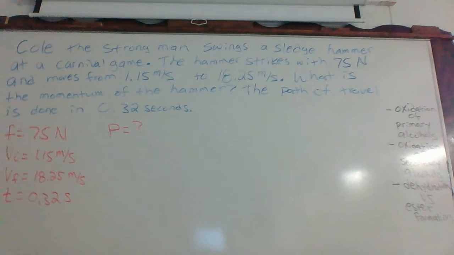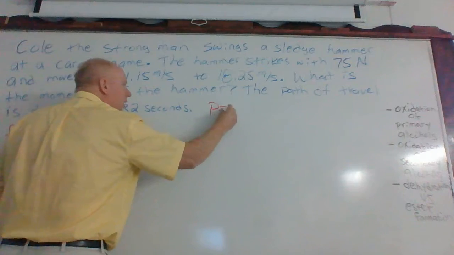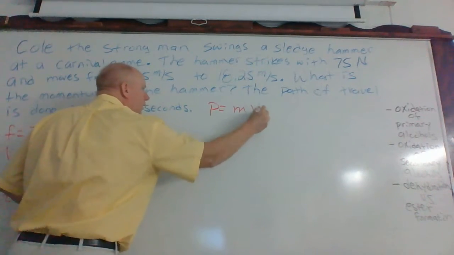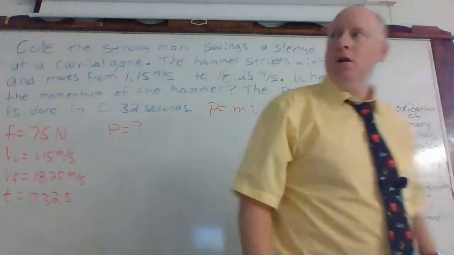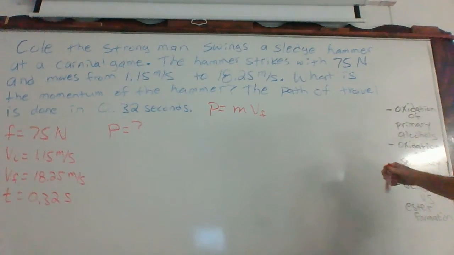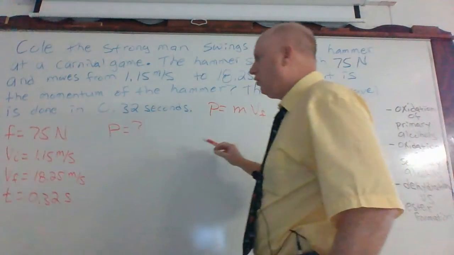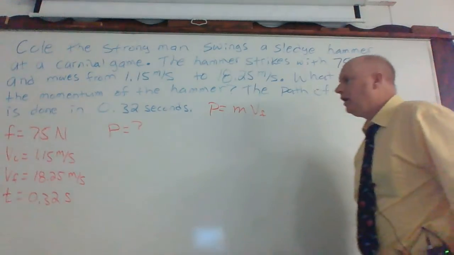So with this information, we know we have to have a mass, and we are not given a mass in this case. But we do have a final velocity. With our given information, two velocities and a time, we can solve for a mass.